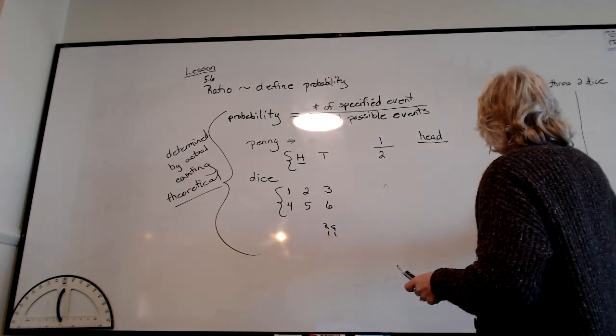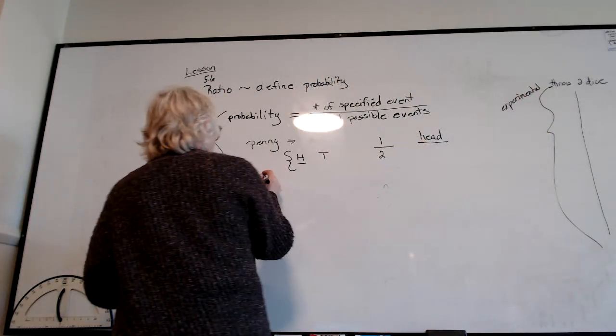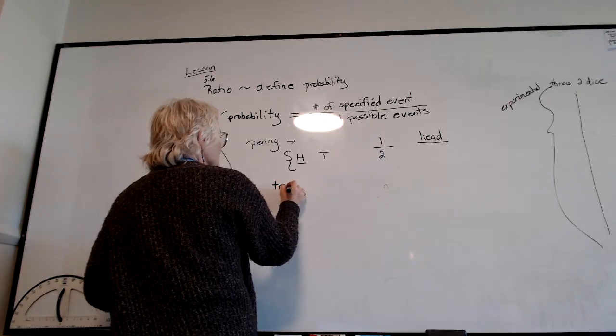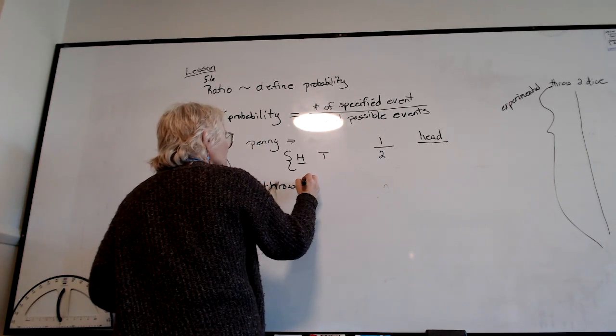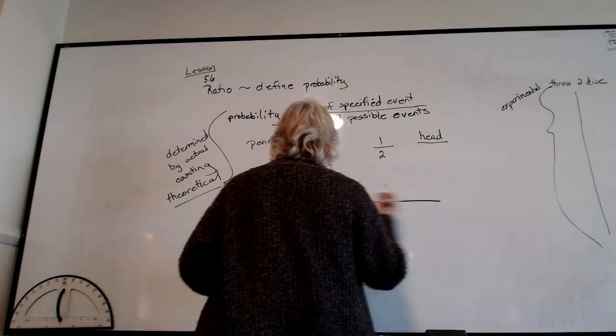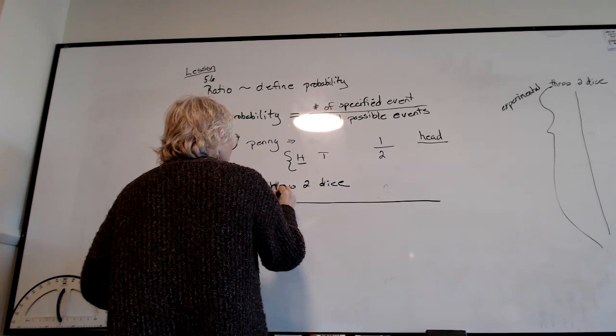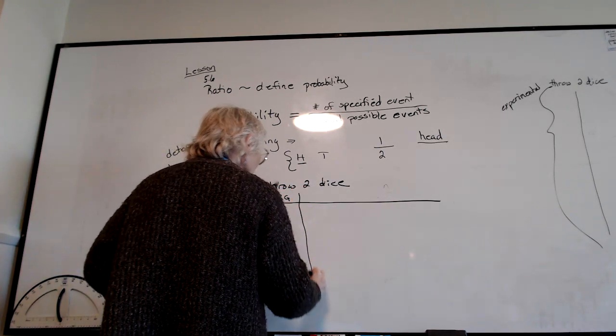We're going to make a nice little chart here. We're throwing 2 dice. So we're going to have red and green, and you put the numbers that go in with those.